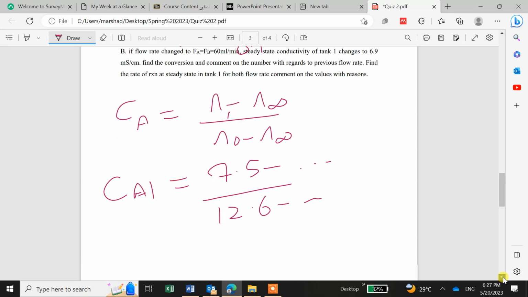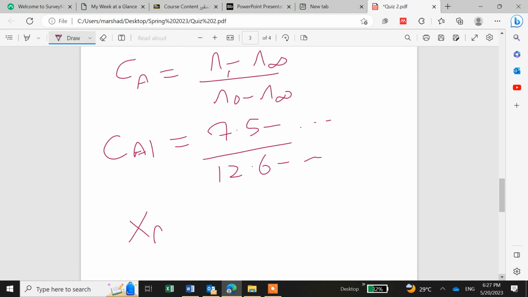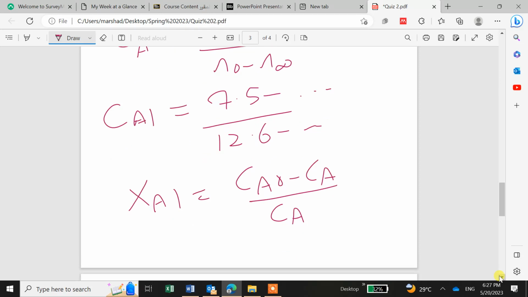So conversion in tank 1 is Ca naught minus Ca divided by Ca naught, right? So you can find the conversion 1. Similarly, conversion 2 using conductivity 2, Ca0 minus Ca2 divided by Ca0.